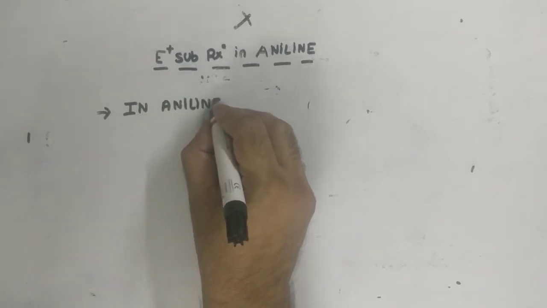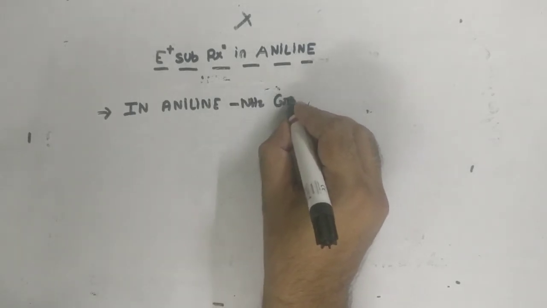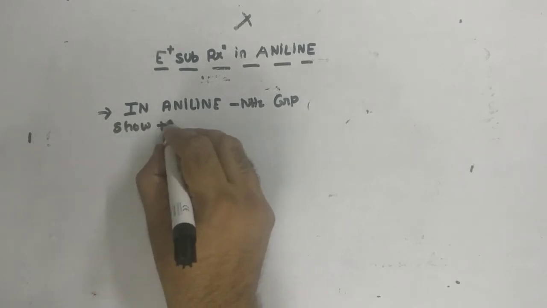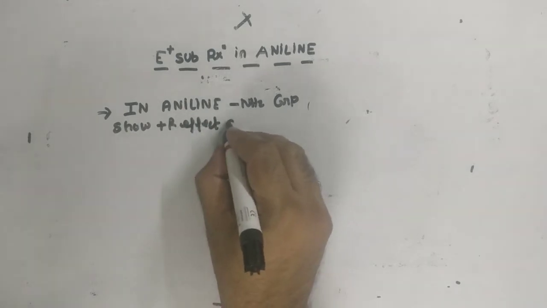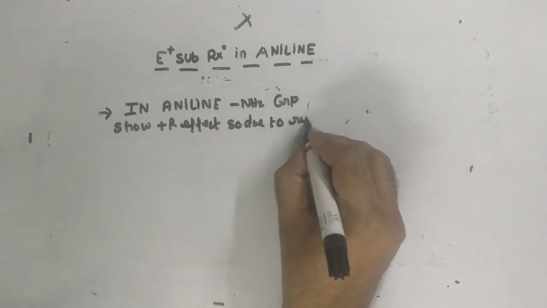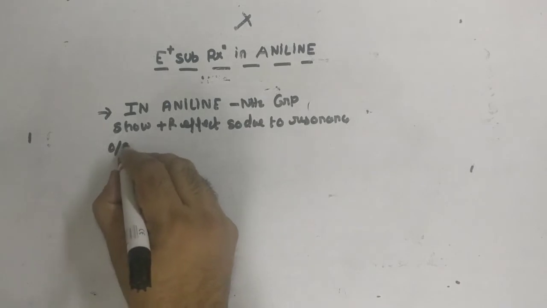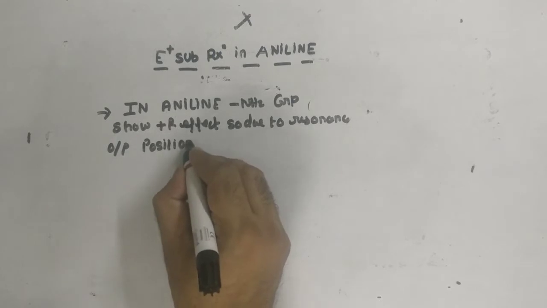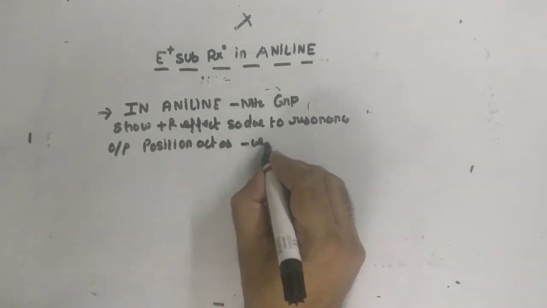Number one, in aniline, the NH2 group shows plus R effect. So due to resonance, the ortho-para positions, the second and fourth positions, act as a negative center.